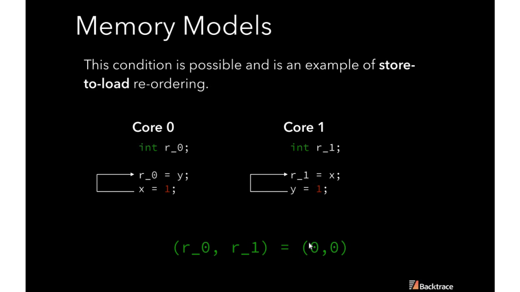The processor will reorder its operations in order to optimize for various resources. So it is, in fact, possible to observe R0 and R1 equal to 0, 0, which would only be possible if the store to x and the store to y are reordered prior to the reading of y and reading of x.